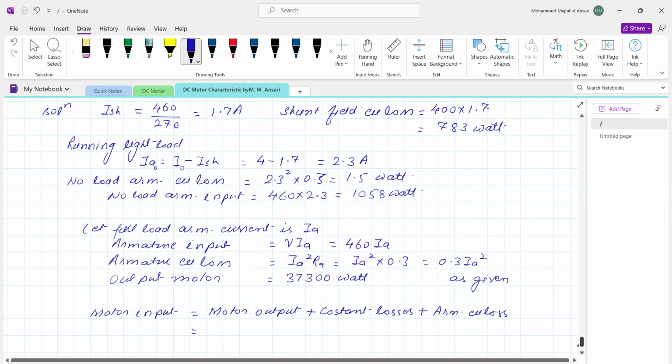So the motor input is nothing but V into Ia.